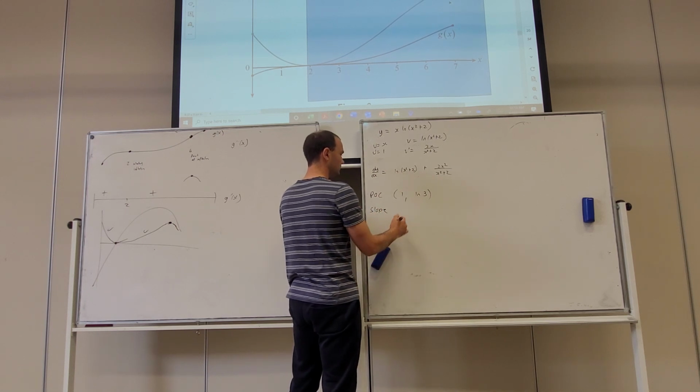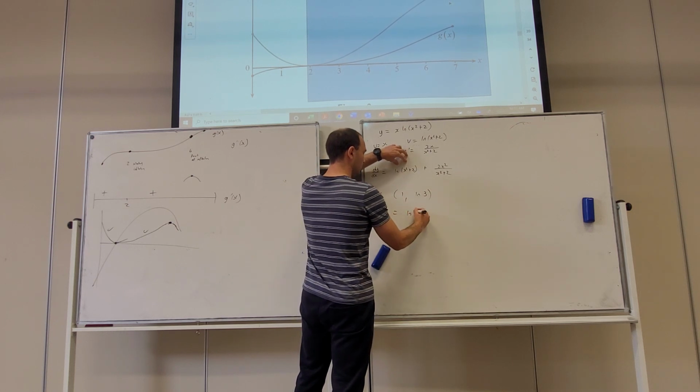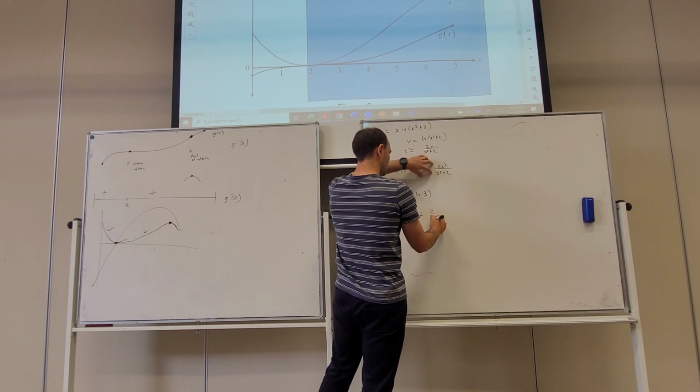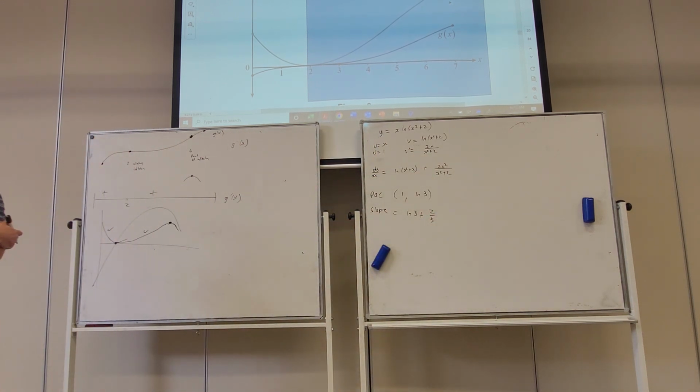So when x is 1, we're going to have ln of 3 plus 2 on 3. So we've got the point of contact, we've got the slope. Let's smash it all together.